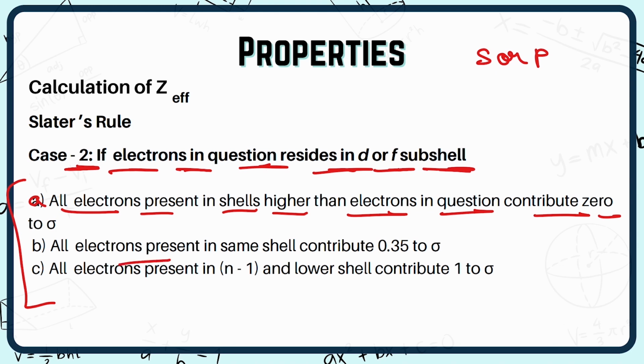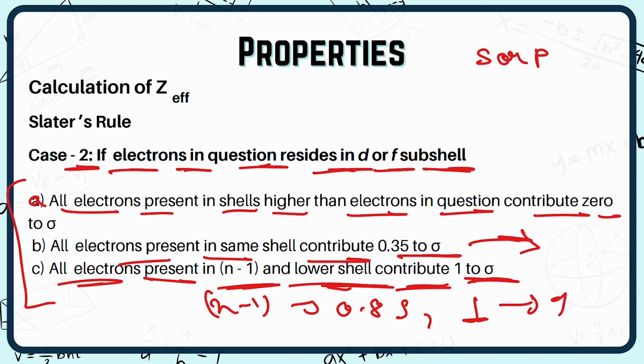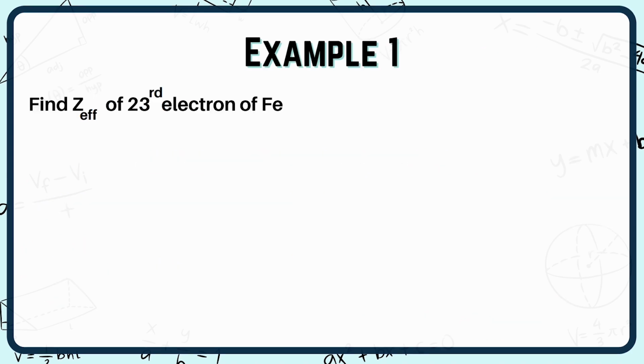All electrons present in the same shell contribute 0.35, just as the last one. Last one, all electrons present in n-1 and lower. This is changed here. N-1 and lower shells contribute 1 to sigma. Earlier it was n-1 0.85 and lower than that was 1. But here both are combined and their contribution will be 1. Got it? Very easy. Not major changes.